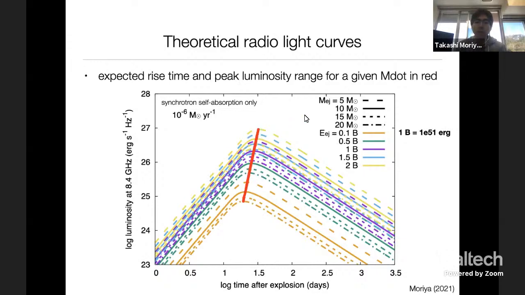If we write the radio light curve for all the combinations of these possible ejecta masses, then we have this line for the radio luminosity peak. So for a given mass loss rate, the peak luminosity of the light curve is expected to be on this one single line. And of course, we can draw this line for different mass loss rates.